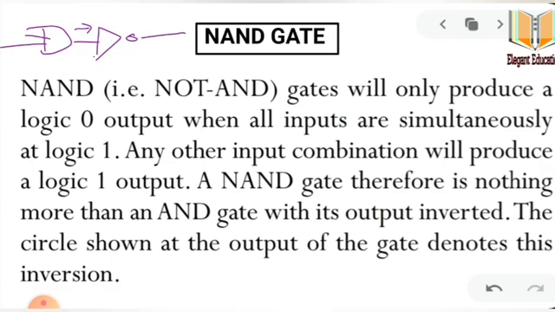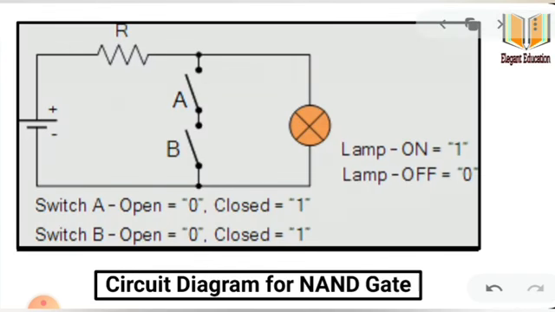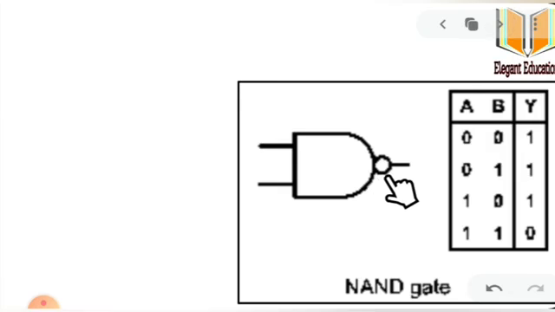A NAND gate is therefore nothing but an AND gate with its output inverted, connected with a NOT gate. The circle shown at the output of the gate denotes the inversion.